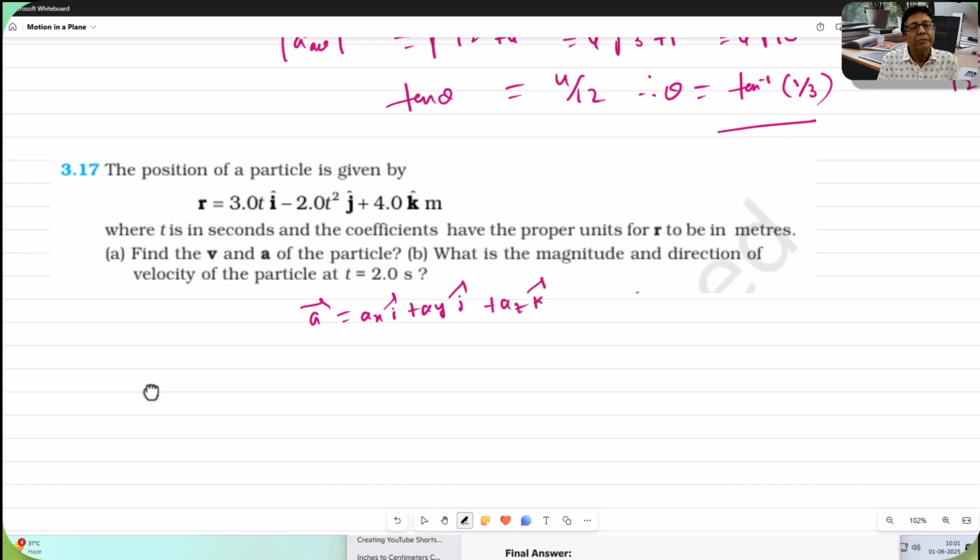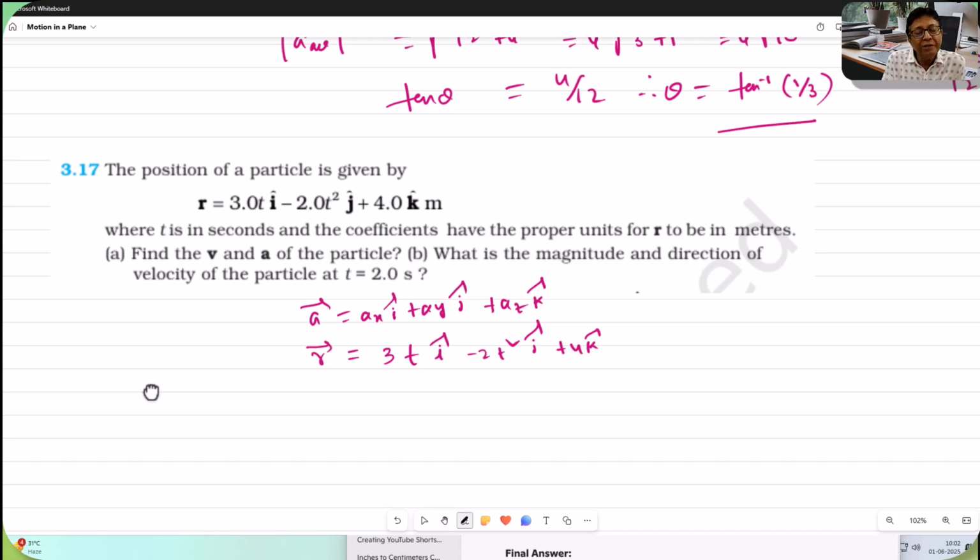Okay? And by knowing the components, you can get all the values very fast. It is the same as that of 2D. Here it is given 3t i, 2t square j, 4 k.